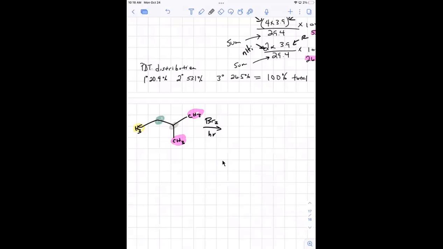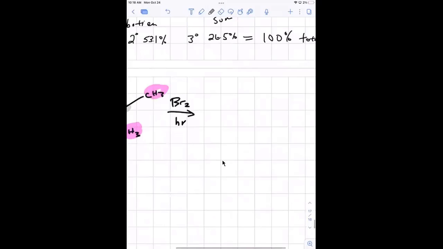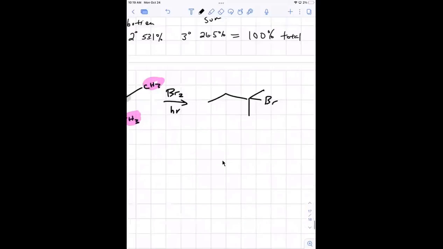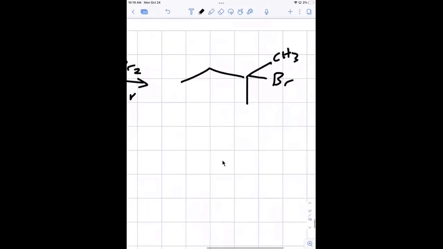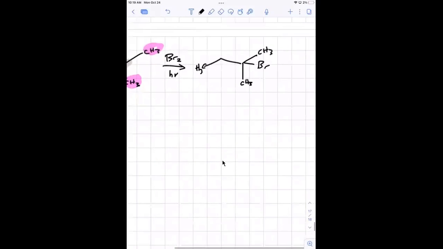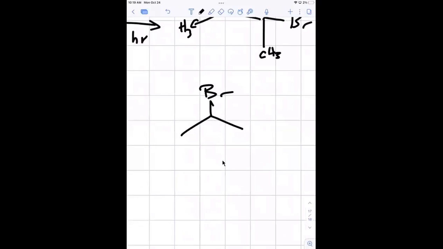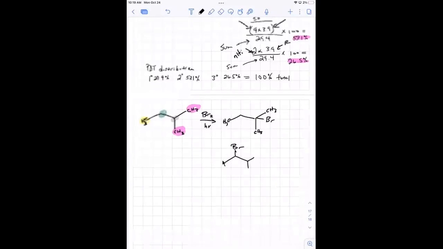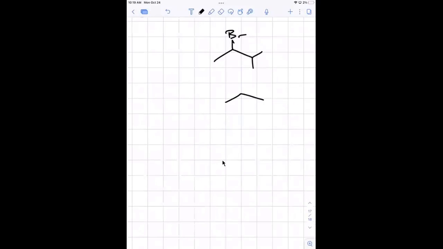So let me just write the products out. This is that. I'm gonna write this one first, because that's the easiest one. You okay with that? And let me put the CH3 back in. And then my other product looks like this. One of my other products. Is that right? The green highlight is. One of the other products is going to look like this.